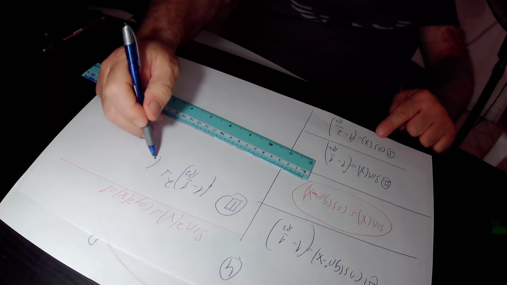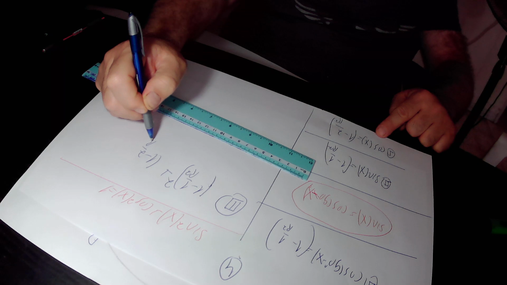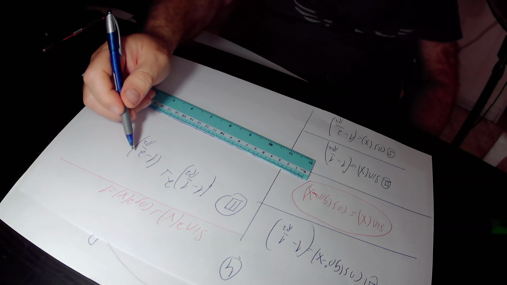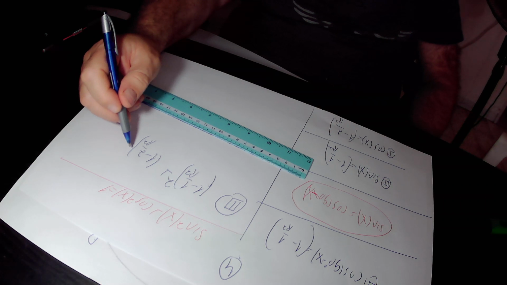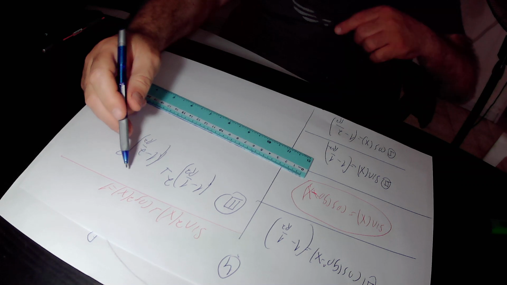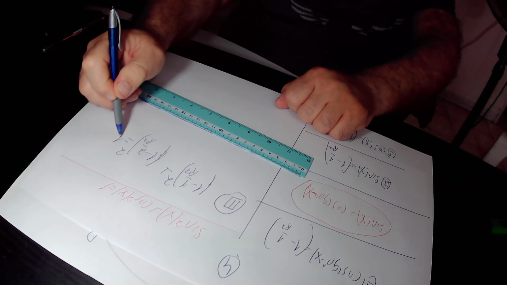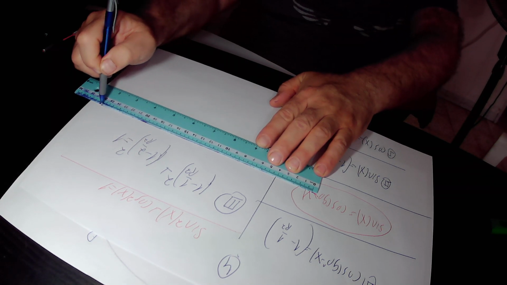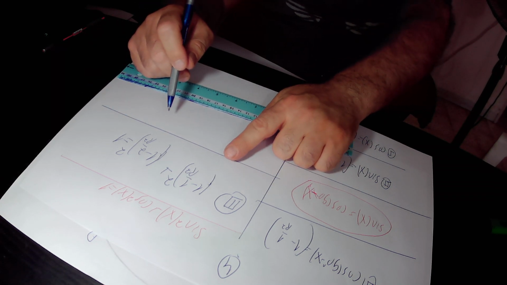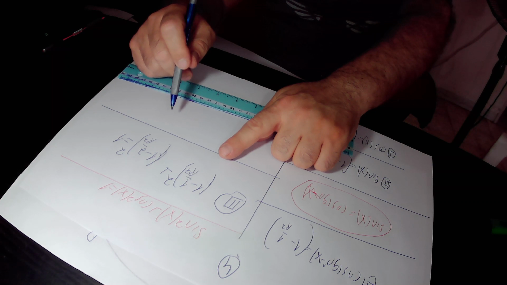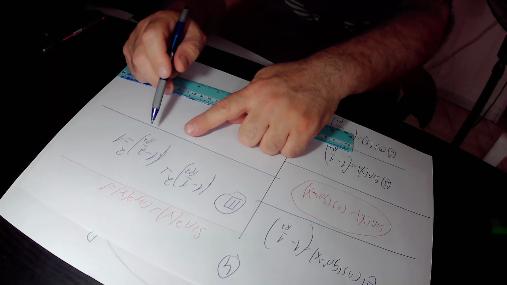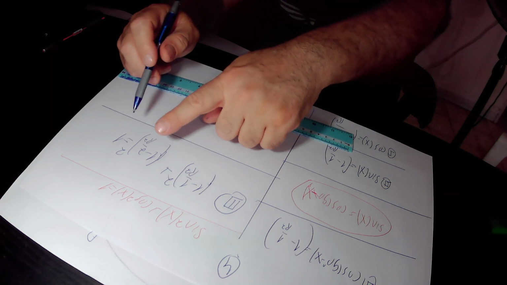Cosine x equals 1 minus 2 over R squared, which means that cosine squared x will be equal to 1 minus 2 over R squared, all squared. And it equals 1.